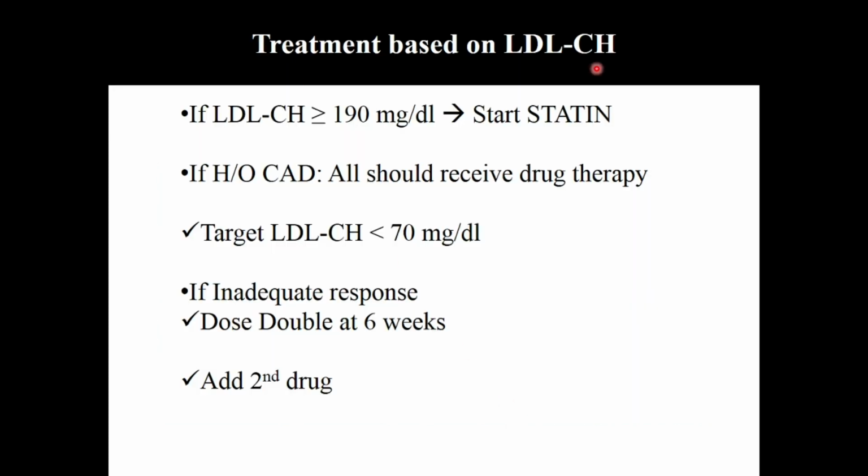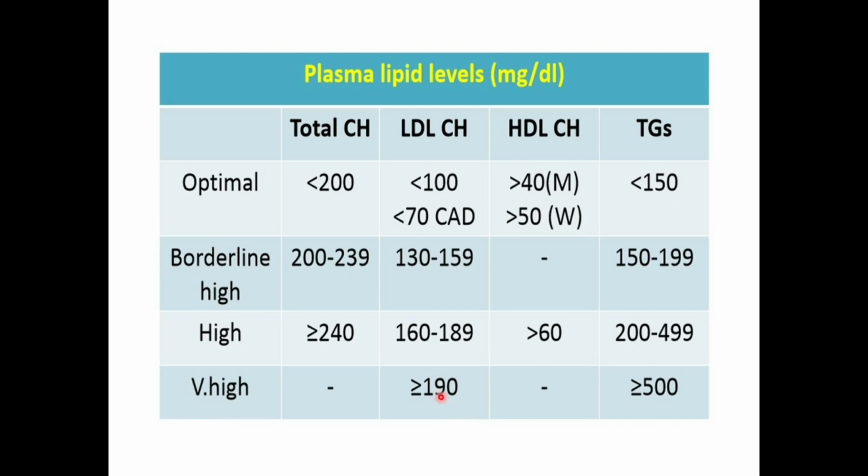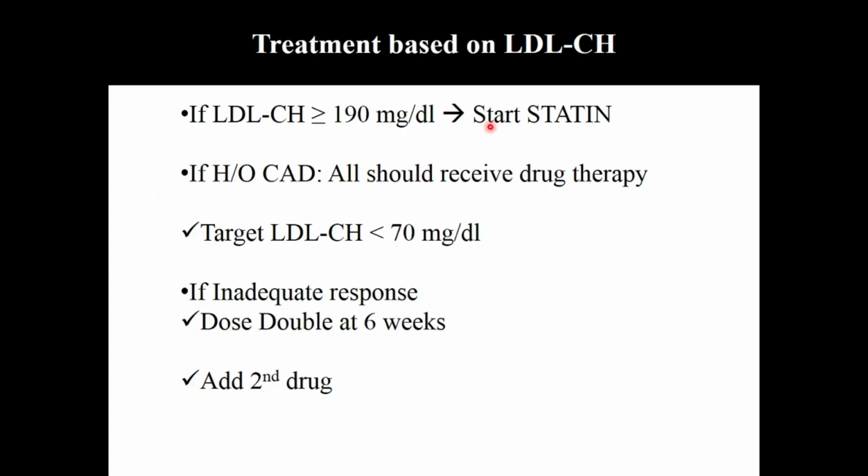Treatment based on LDL cholesterol. If LDL cholesterol is more than 190, which is very high, we should start a statin. If there is a history of CAD, all should receive drug therapy, irrespective of whatever the lipid level.